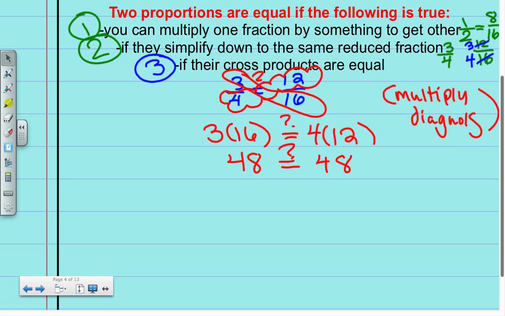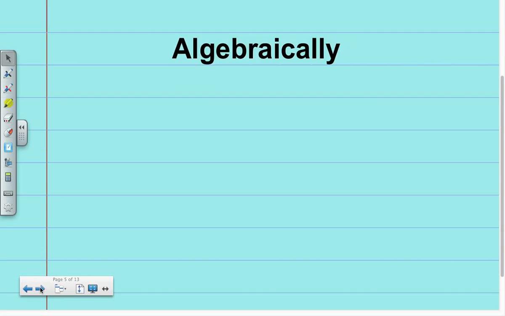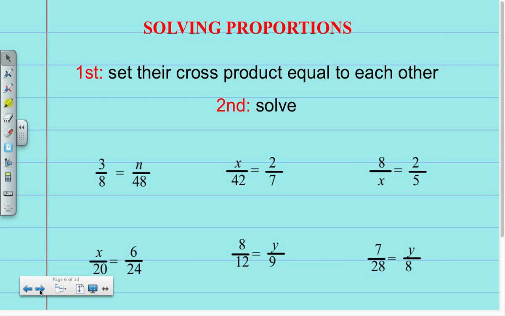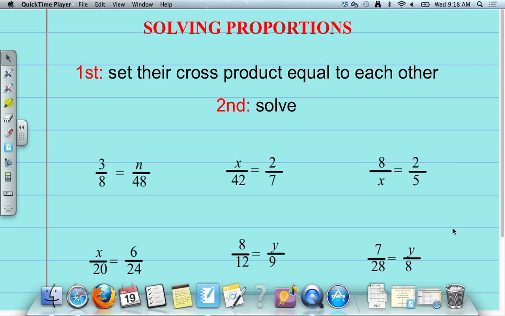Something that we are required to do with proportions is solve. So I want to make sure that you have this in your notes, solving proportions. The first thing that you do when you solve a proportion is set the cross products equal to each other. And then the second thing you're going to do is solve.